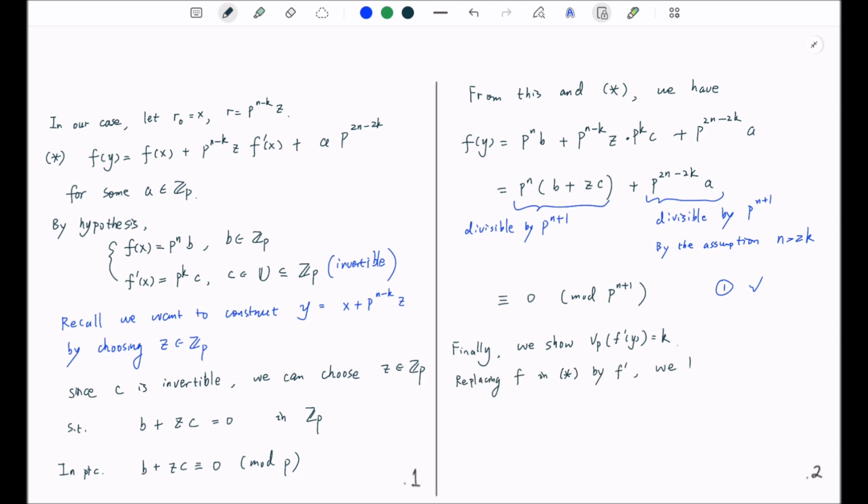So we have, in this case, f prime of y equal to f prime of x plus still p^(n-k) times z. And now this part will become f double prime, meaning the second derivative of x.